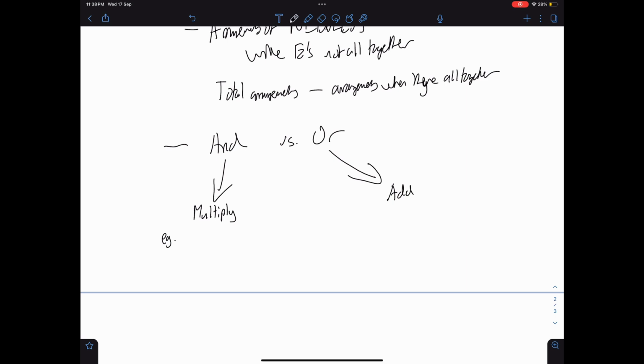And so, for example, like saying needless, saying it needs to end in a vowel, and the S's must be separate. So what you'd do is you'd find the considerations for each condition and you would multiply them.